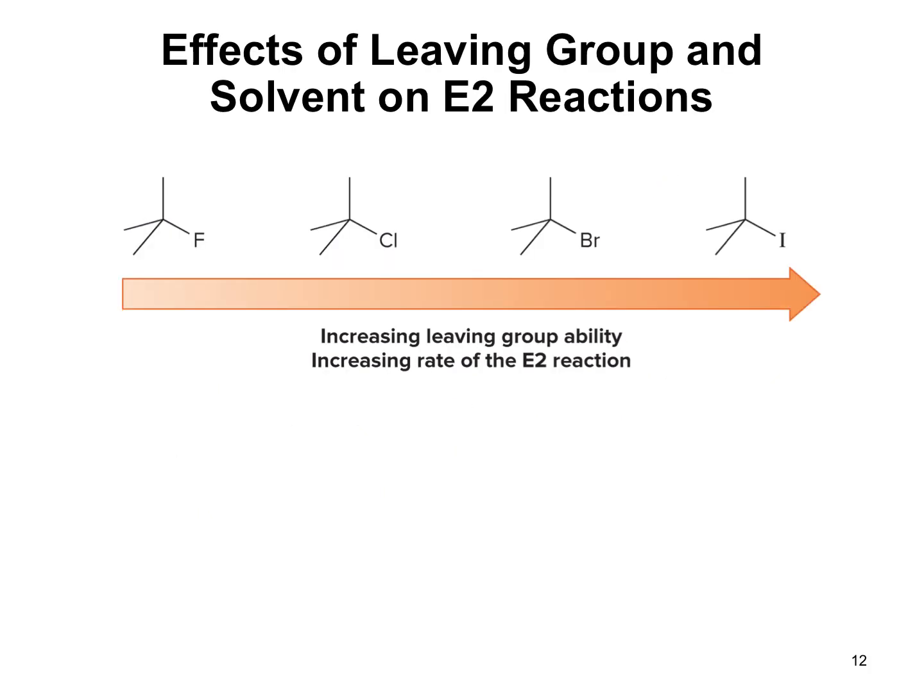So when we look at the leaving group, because the bond to the leaving group is partially broken in the transition state, the better the leaving group, the faster the E2 reaction.